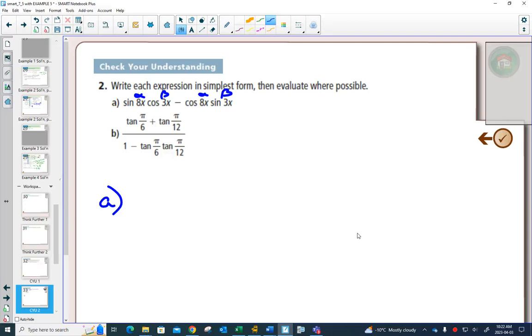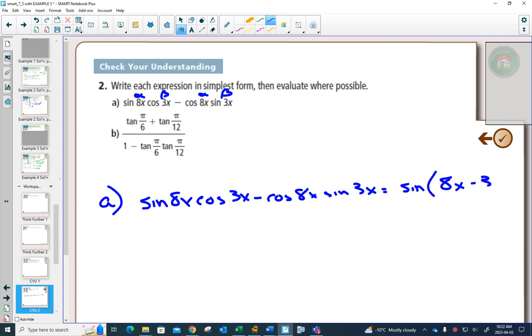So since this matches up perfectly with the sine alpha minus beta formula, I can say that this is equal to sine, and again, this is alpha minus beta, and here's alpha, beta.